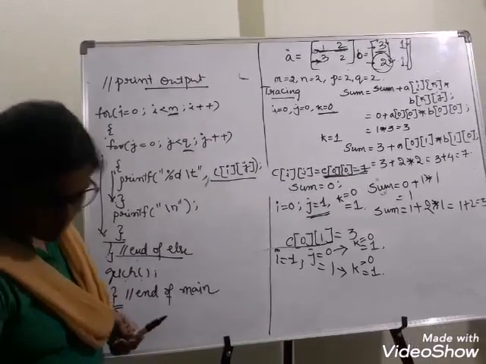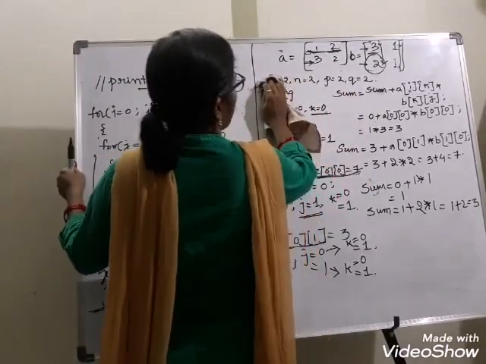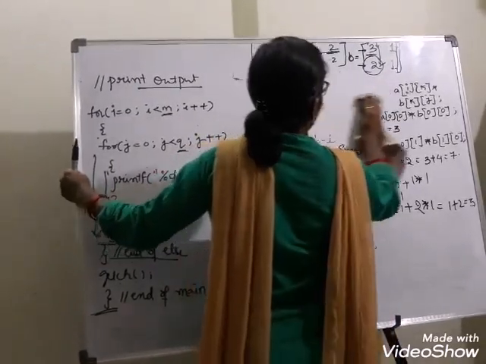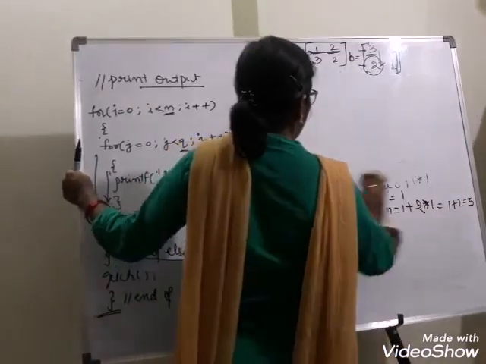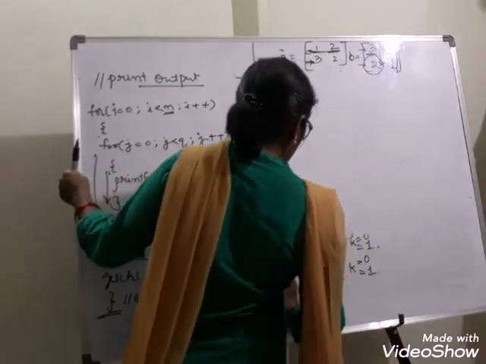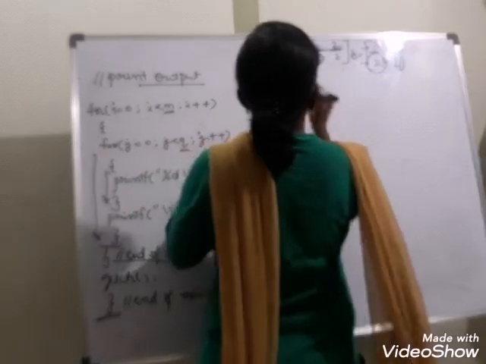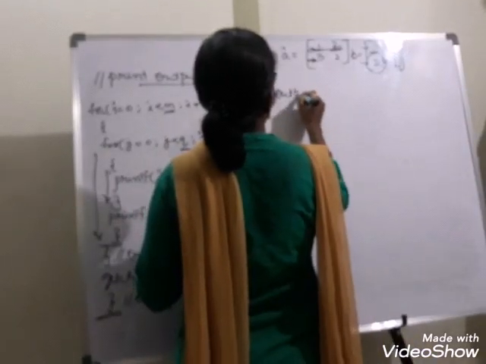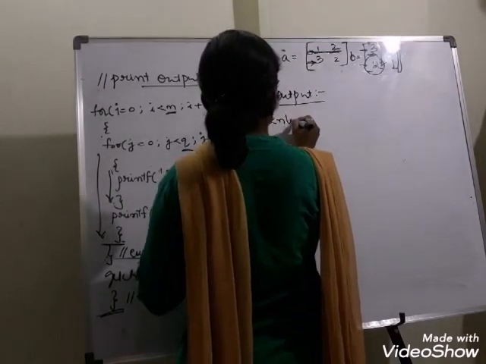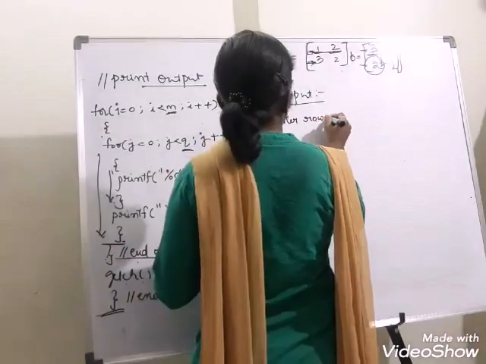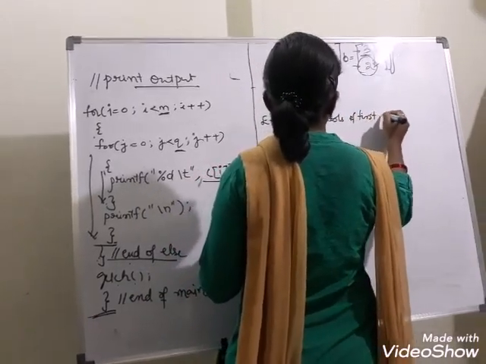Let's see an output. We will just write down the output. So our output will be: Enter rows, columns of first matrix.